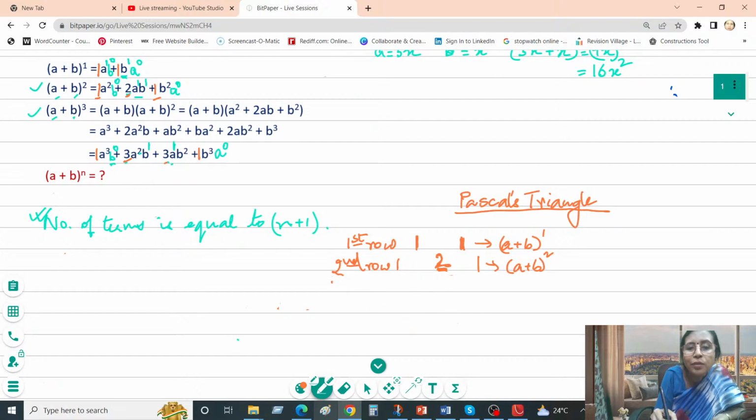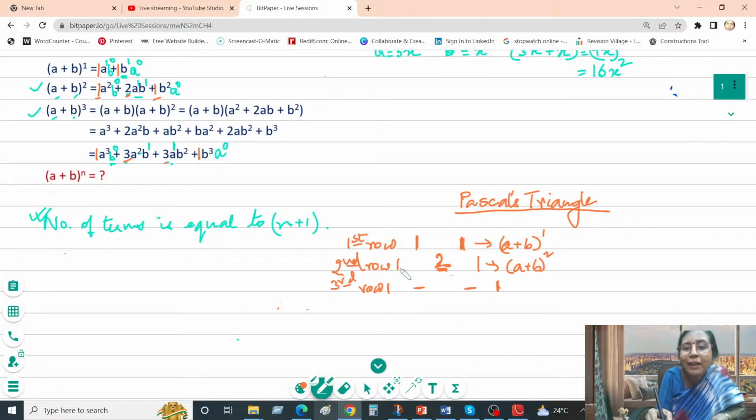Now comes the third row. Again we start with 1, end with 1. There will be 4 terms. So one will be over here and the other will be over here.